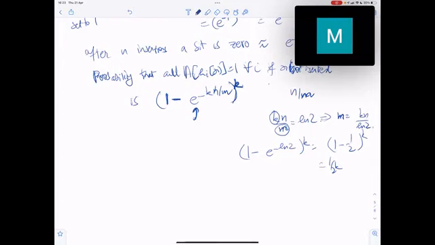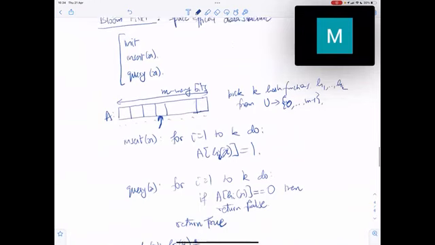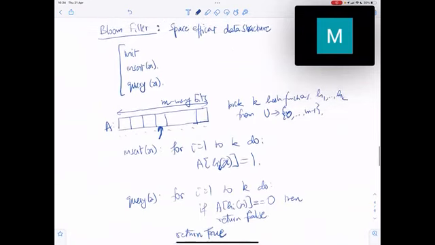So m is not very large, and yet you can store which things have been inserted and which things have not been inserted with high probability very efficiently. Correct? Are you with me? Yes, sir. So this is a simple data structure that does this, and there are many variants of this which are present. So that is all I had to say for today. If there are questions, I'll be happy to answer.